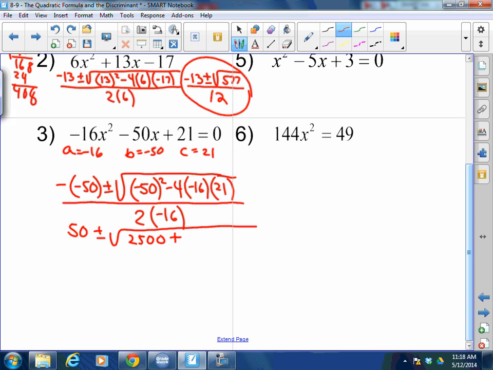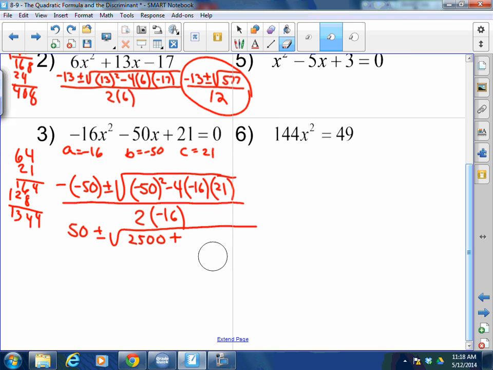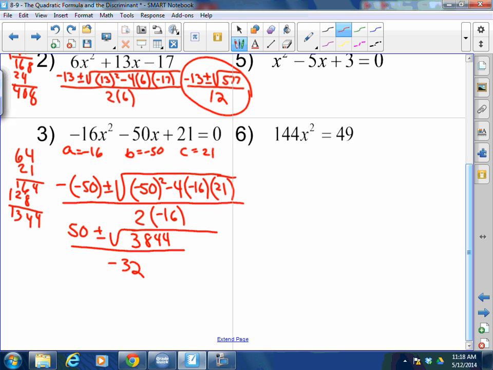And then plus negative 4 times negative 16 is 64. 64 times 21 is 1,344. So let's add them together right now. 2,500 plus 1,344 is 2,844 over negative 32.